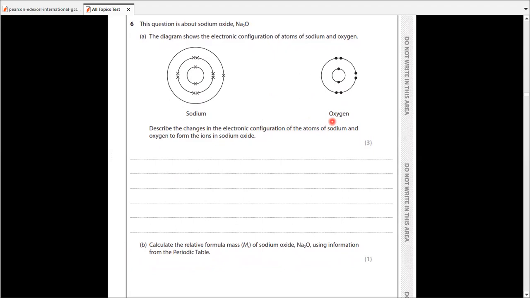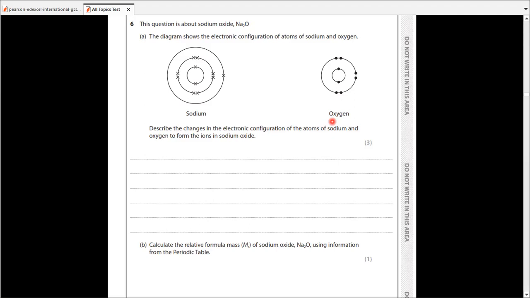Okay. So sodium oxide, combination. So in this case, oxygen requires 2 more electrons and sodium needs to lose 1. So would there be 1 oxygen and 2 sodiums?